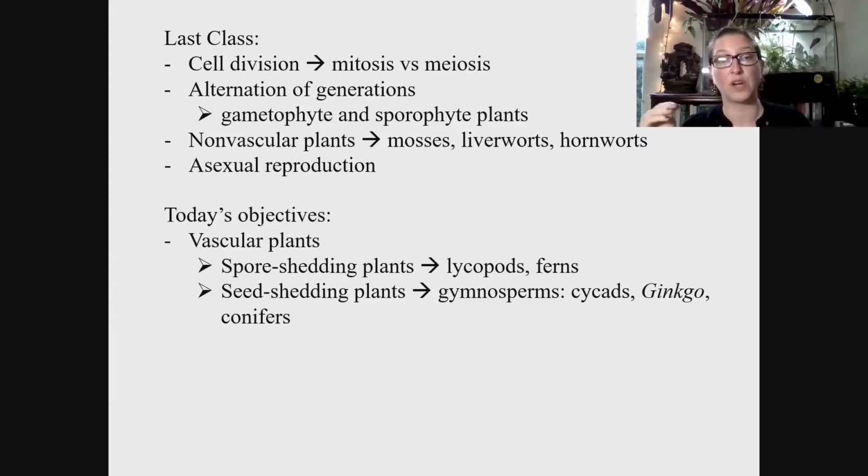In particular, we're going to start with the spore-shedding vascular plants, and we're only going to cover lycopods and ferns, even though your book covers a few others. And then at the end, we'll talk about seed-shedding vascular plants, the gymnosperms, which include the cycads, ginkgo, and conifers.